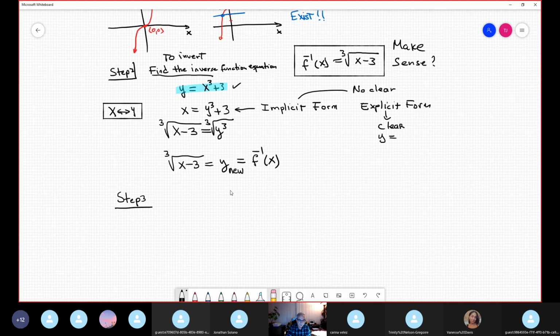Step 3 is I want to put together this expression and this expression. How? Using composition. Okay, suppose I make a composition, f inverse. Boom.